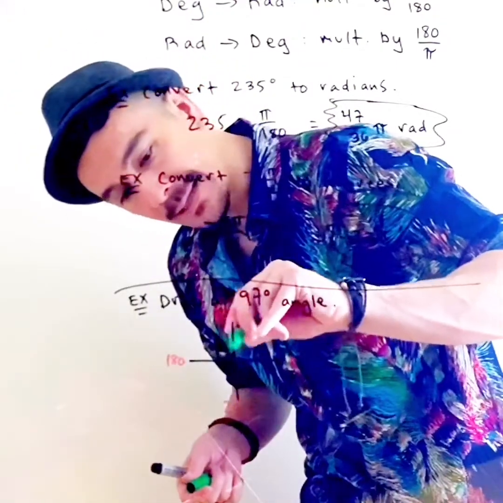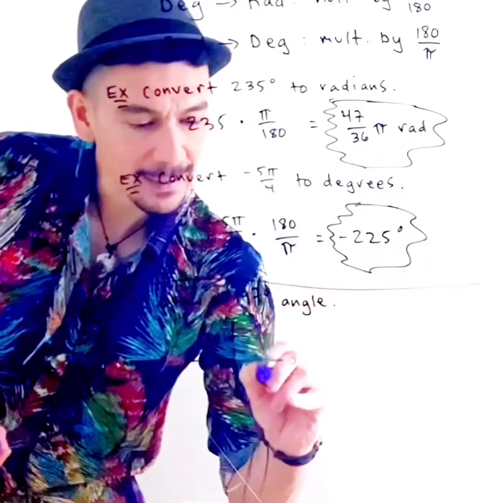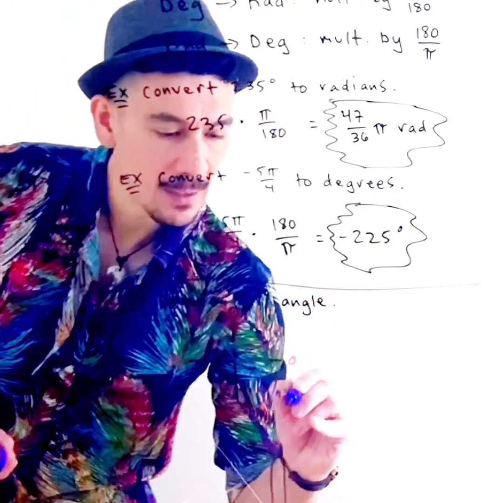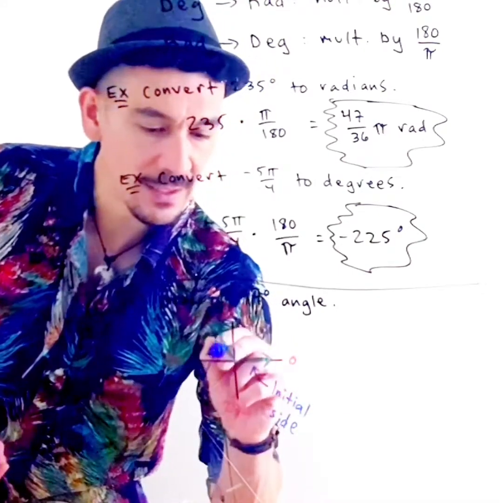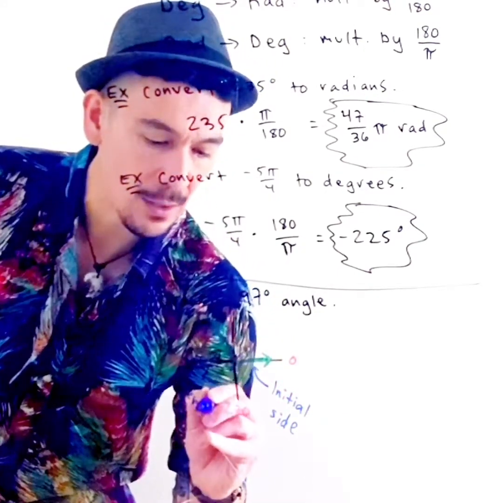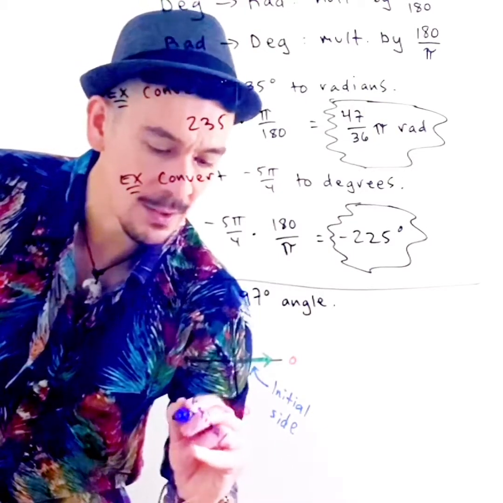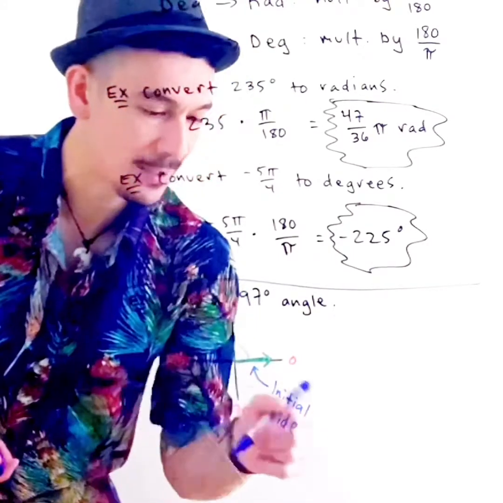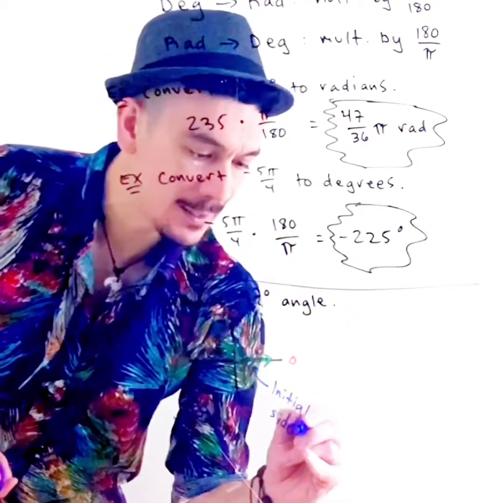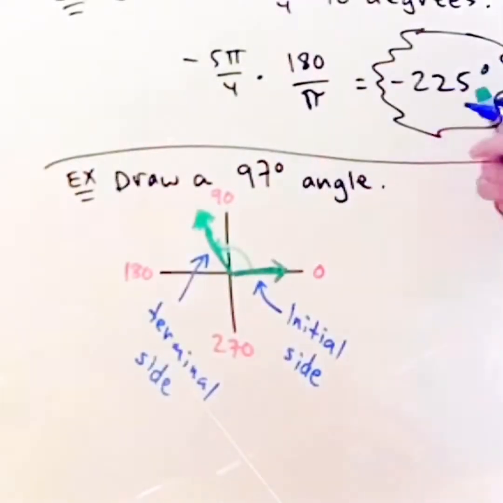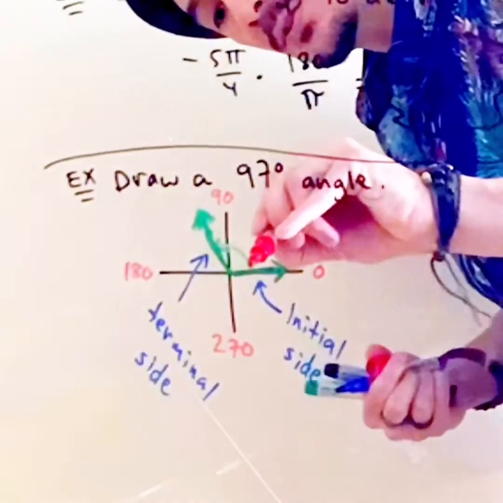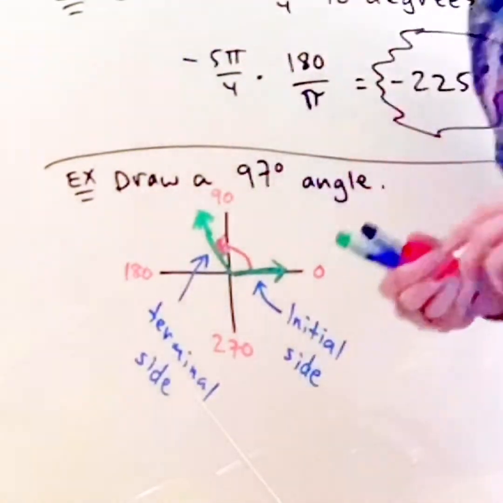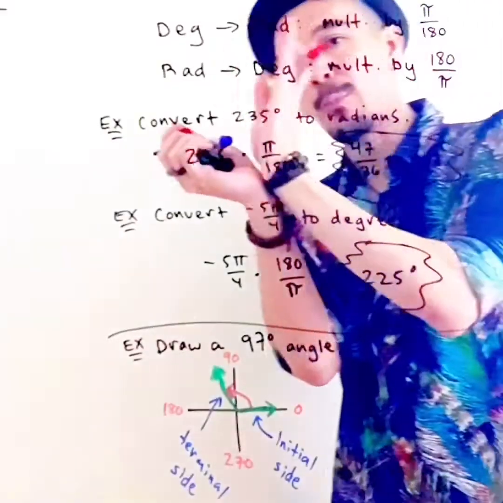Just as an FYI, that one there is called your initial side. And this one here where you finished is called the terminal side. So let me get out of the way so you can actually see this. We have the initial side and the terminal side. And this little part here just shows the actual opening of the angle.